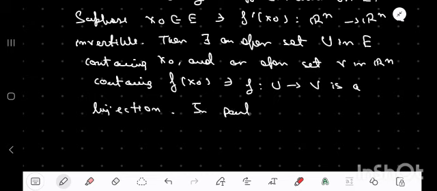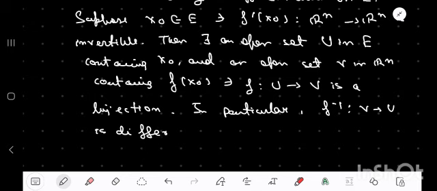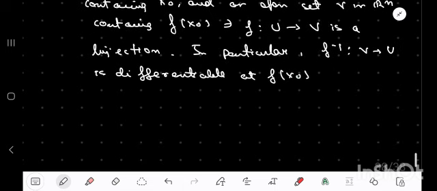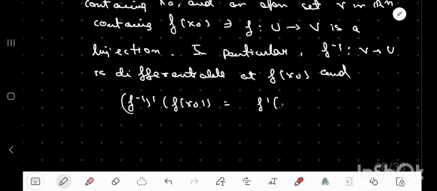In particular, f inverse from V to U is differentiable at f of x naught, as it should be, and the derivative at f of x naught is the inverse linear transformation of f prime x naught. Fine.